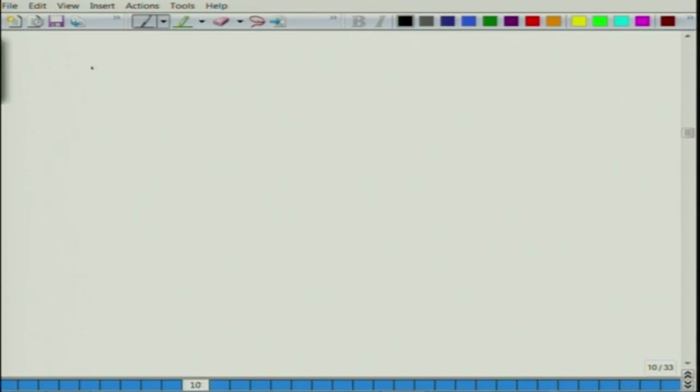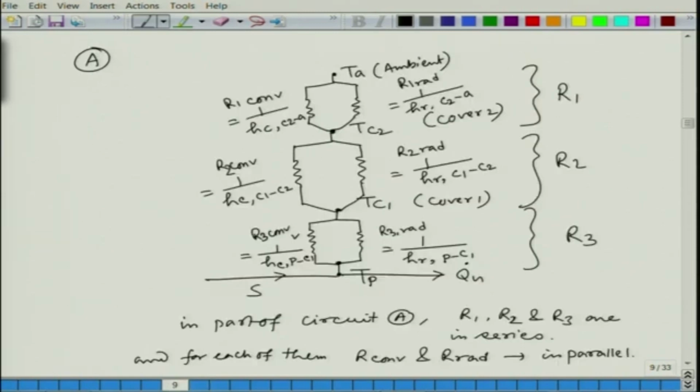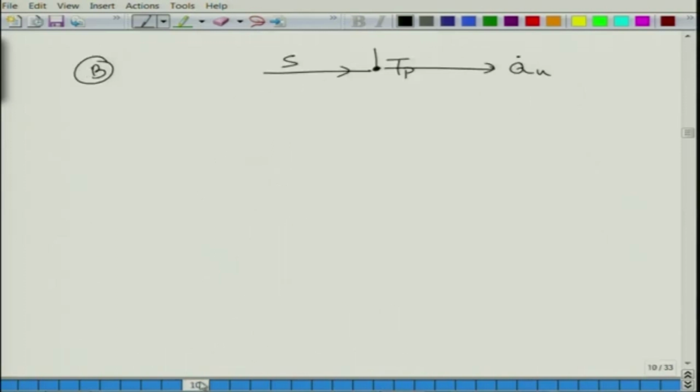Similarly, for part B, which is the bottom part, Tp will be the same, again S is coming in and Qu is going out. The top part is not shown here, and here also the bottom part is not shown, but those are there. So, in the bottom part, first we have a node, the next node is Tb, and in between we have a thick layer of insulation.